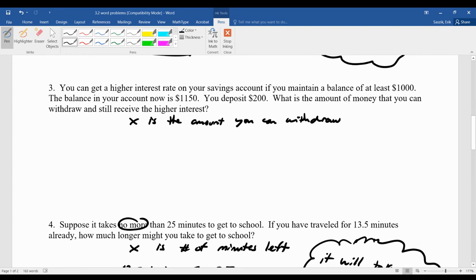So where are we at? The balance in your account now is $11.50, so that's where we're at. You deposit $200, that means you put money in. What is the amount of money that you can withdraw? Withdraw, of course, is money that you take out. And we said x is the amount you can withdraw, but because withdraw is money coming out, that's going to have a negative in front of it.